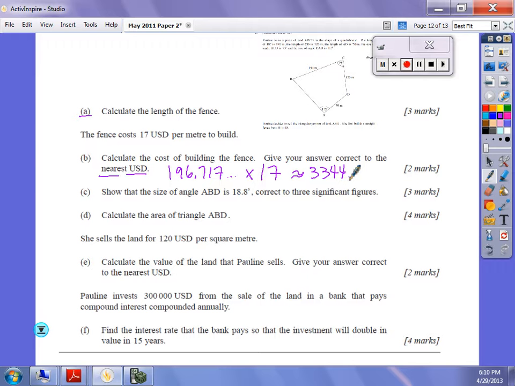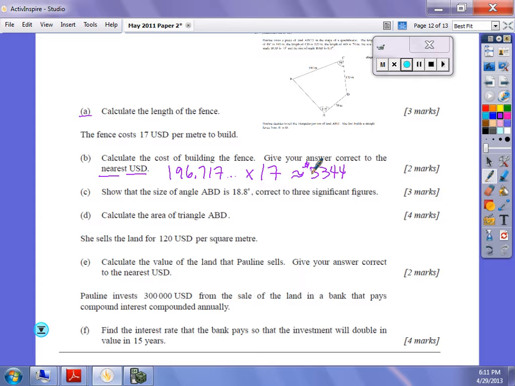So they're telling us how to round, and we want to indicate either with a dollar sign or with the letters USD, US dollars, behind the value, again, units.